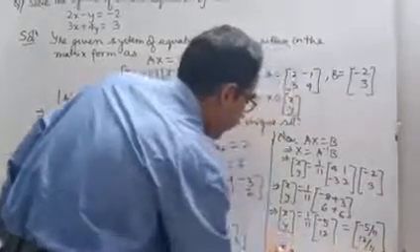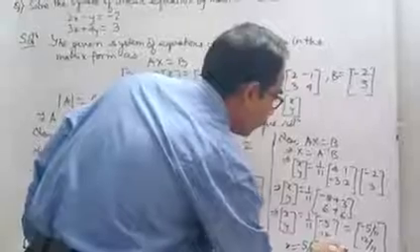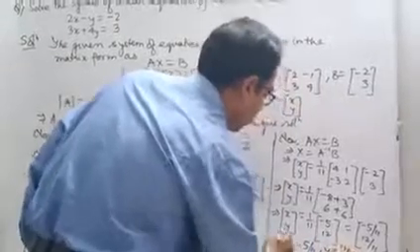So ultimately x equal to minus 5 by 11 and y equal to 12 by 11. This is the final answer.